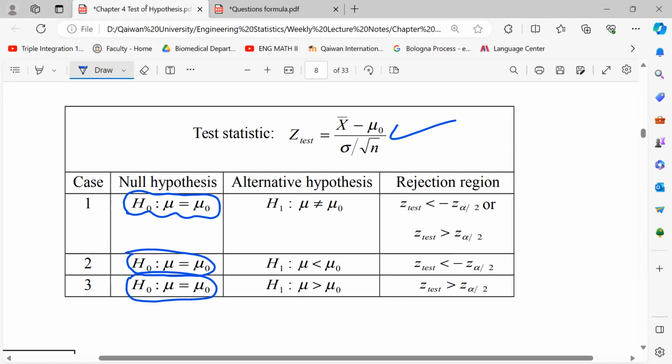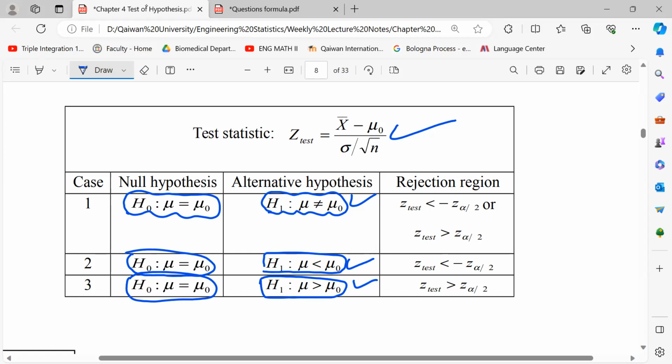Then, based on the context, we decide which of these we should choose. Here, H1 is that mu doesn't equal mu naught. That's the first case. In the second case, mu is less than mu naught, or mu is greater than mu naught. These are the definitions of the alternative hypothesis.